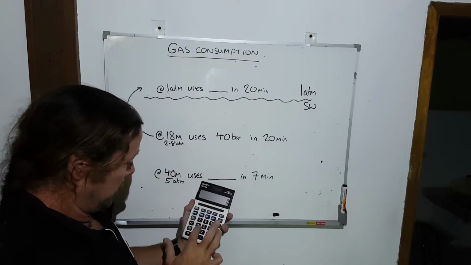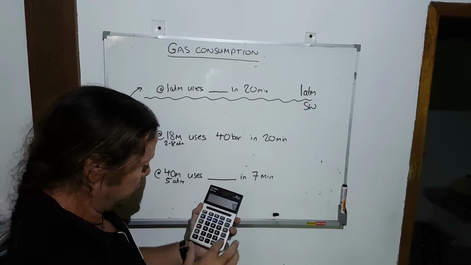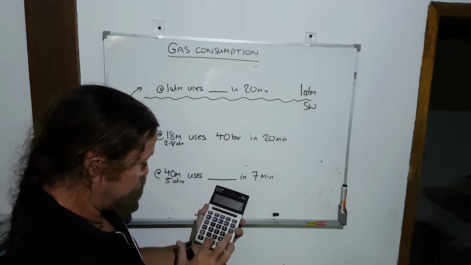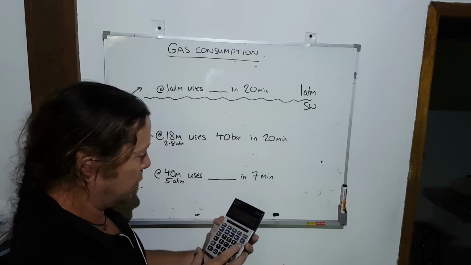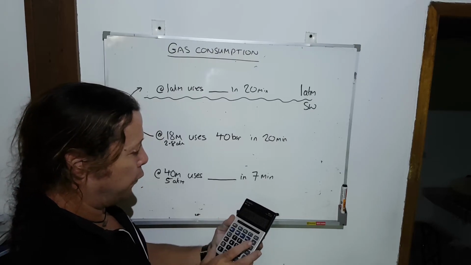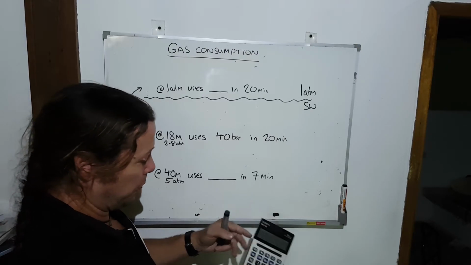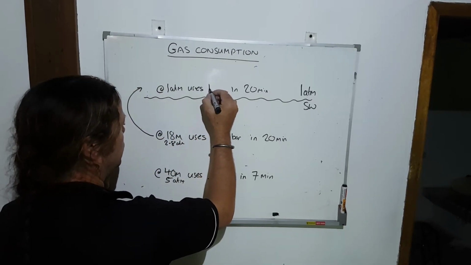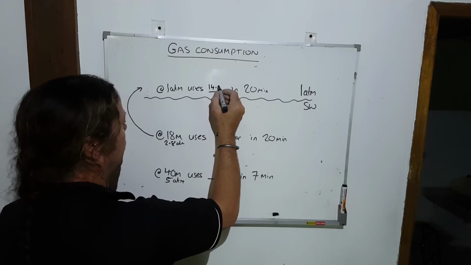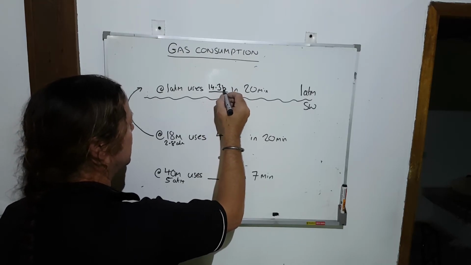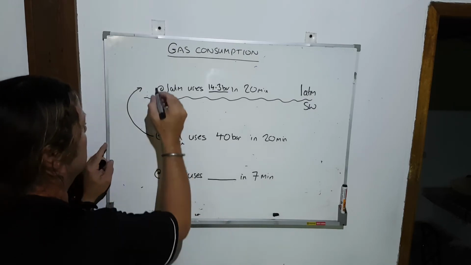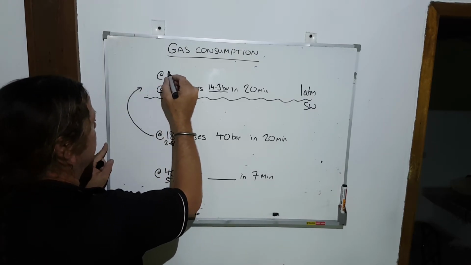So I use 40 bar, slightly more complicated numbers, 2.8 times less, divided by 2.8. 14.3 will do me, being conservative. So I use 14.3 bar.